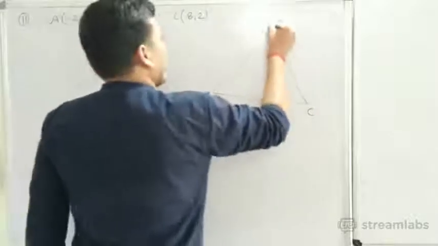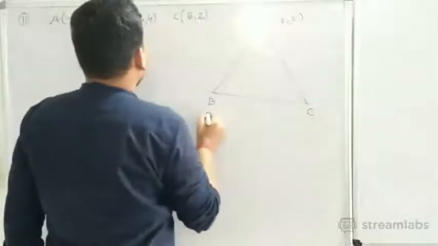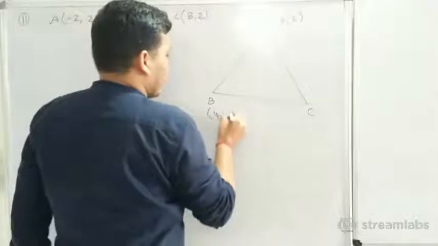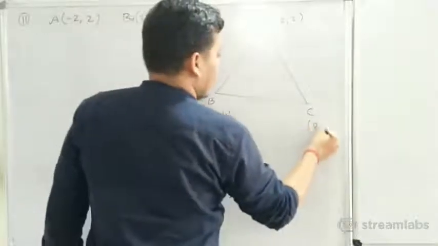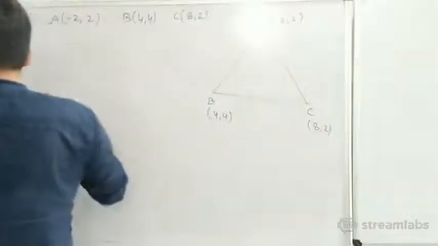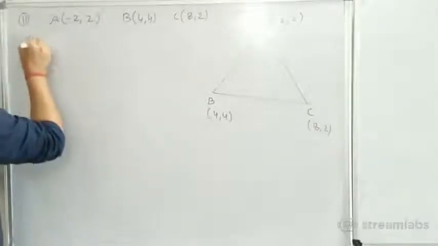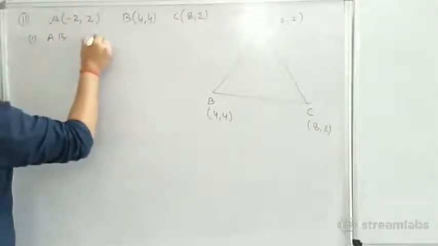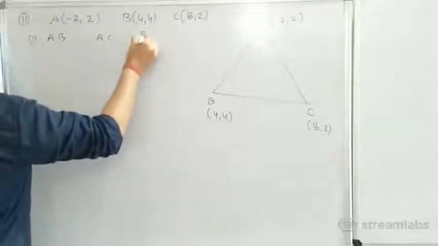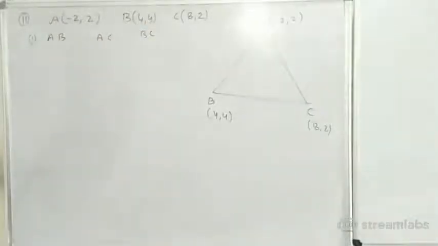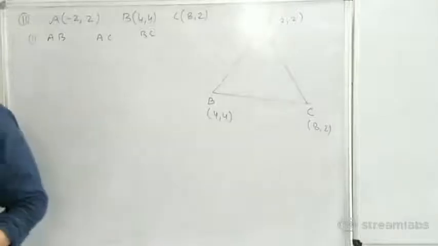The coordinate of A is (-2, 2), of B is (4, 4), and of C is (8, 2). The question is to find the length of the medians to the sides AB, AC and BC. Calculate the length of all three medians.